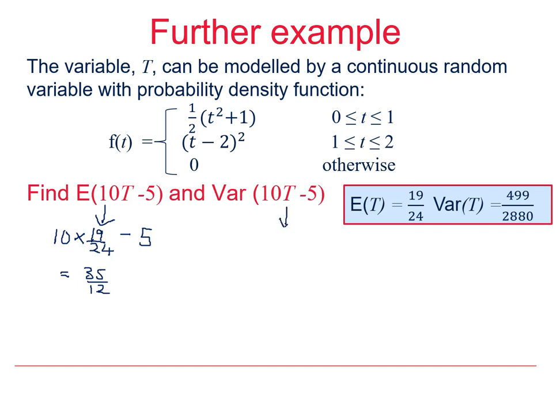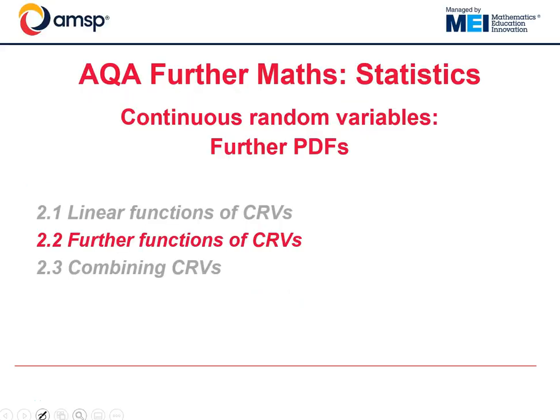The variance of 10t minus 5 would simply be 10 squared multiplied by the variance of t, and that turns into a rather foul fraction, so it's probably easiest just to quote that to three significant figures as 17.3. And that concludes this video.